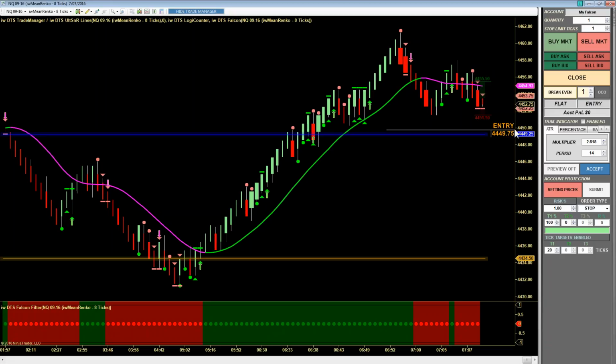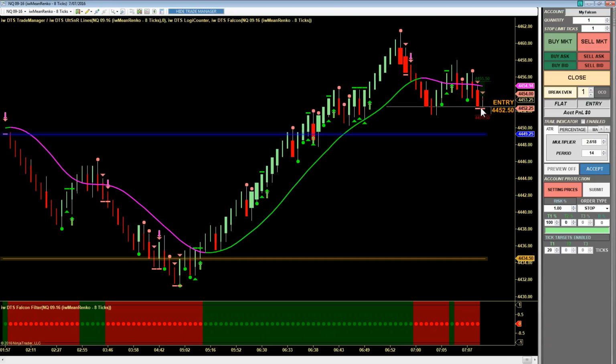But the sellers are trying to show up. Okay, so there's the signal. Now, rather than take it right on the hash mark, I'm going to let the signal engage, and then I'm going to look for that second push. Unless it starts to retreat before it even engages the signal. What we're looking for is the market to move away from the signal.